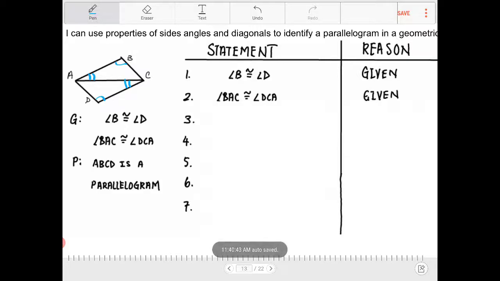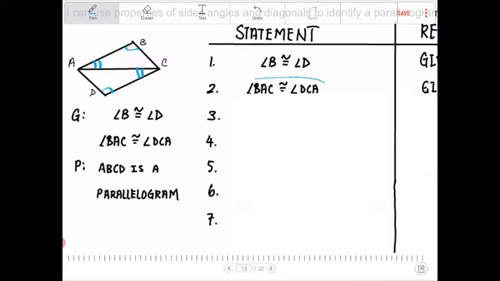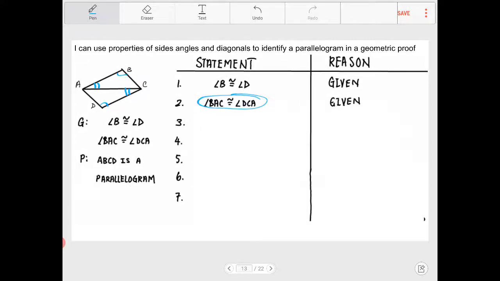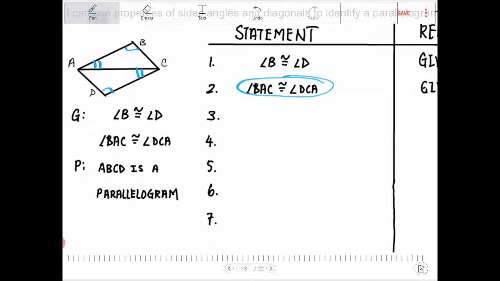If I know that those two angles are congruent, when I say those two, I mean these two are congruent, we can immediately justify that certain side lengths are going to be parallel to one another. So we can immediately justify that these two side lengths in red are going to be parallel to one another.